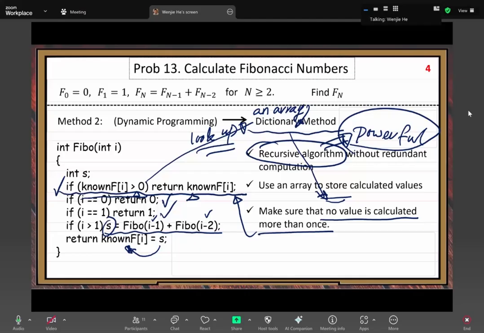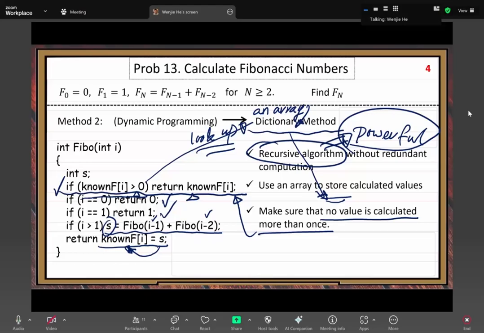You assign s to the corresponding element in the array. You make this Fibonacci number value known. It's a positive number, so it is known. After that, you can return. You return because you found the value. But when you return it, your dictionary is updated, right? You update your dictionary.